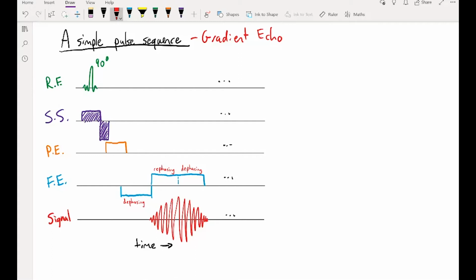Now, another extra nuance is that this signal that we've drawn here is from one slice of the brain and also only one phase condition. So in reality, we're going to need to redo this pulse sequence many times to collect full information from one slice, and then do it again and again with different slice selection gradients in order to collect information from multiple slices in the same brain.